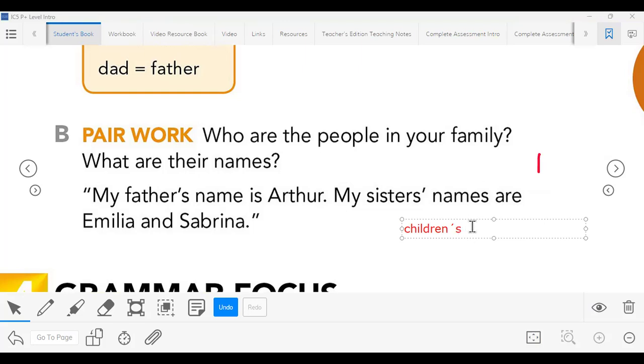Sounds like a plural, but you know that children's is not plural. Children is plural without S. So if someone says children's, it means that algo le pertenece. Children's name. So maybe 2, 3, 4, or 5, I don't know. Y si es solo uno, my child's. My child's name is.